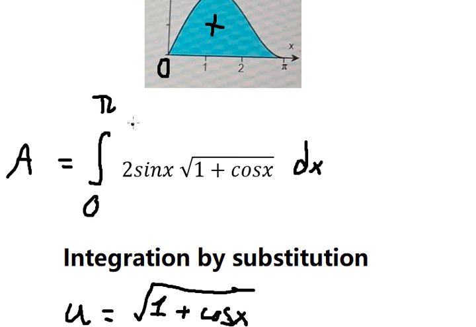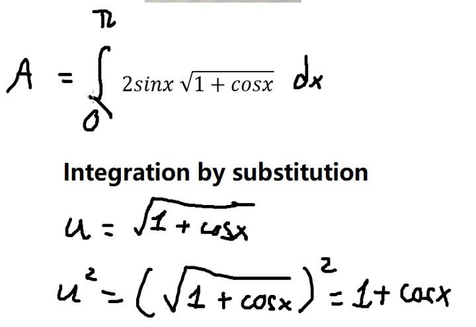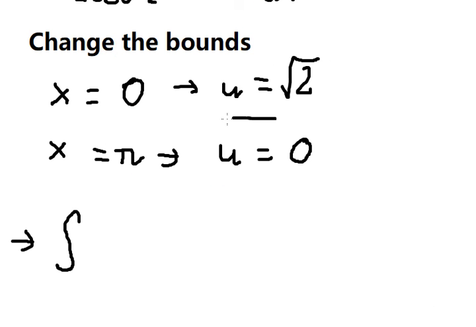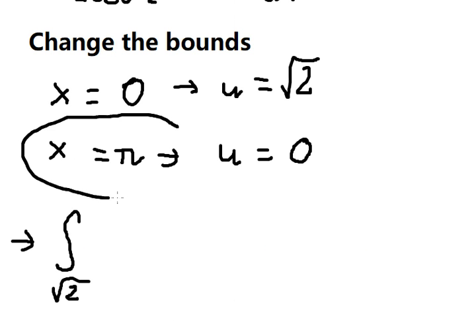Now we need to change this one. The 0 here we change by u equals the square root of 2 when x equals b. That's it here.